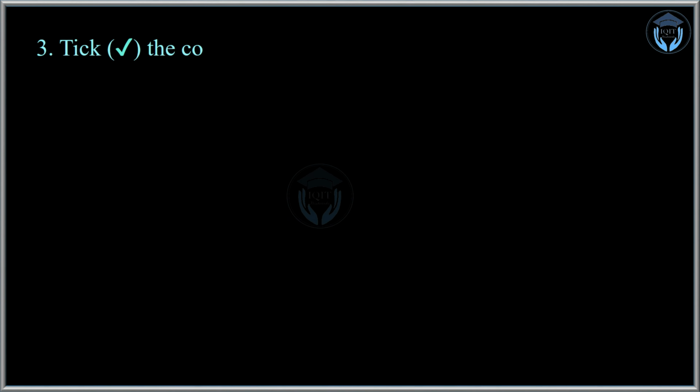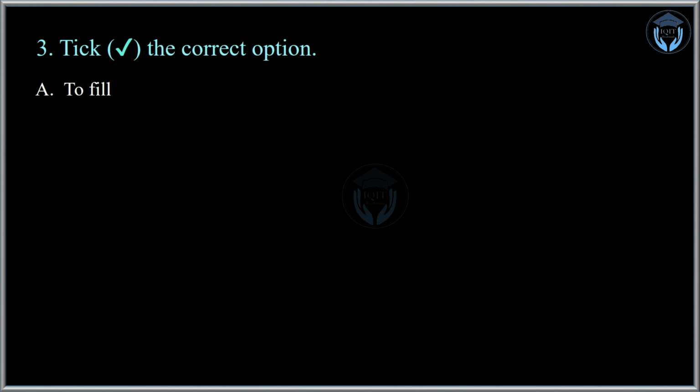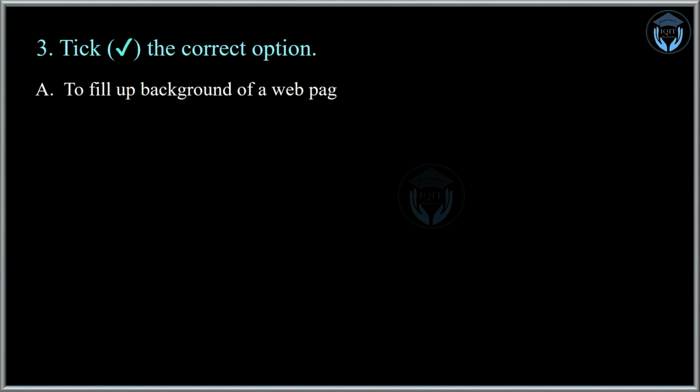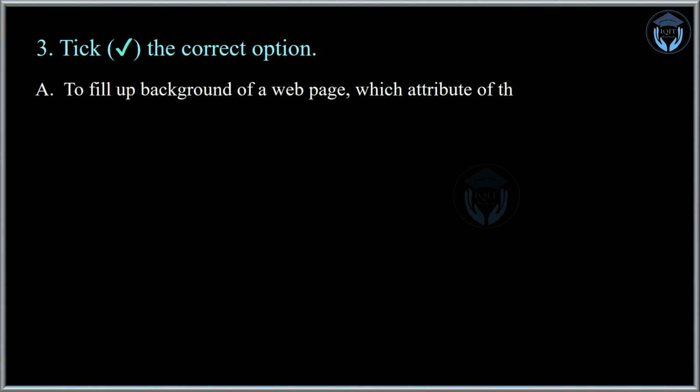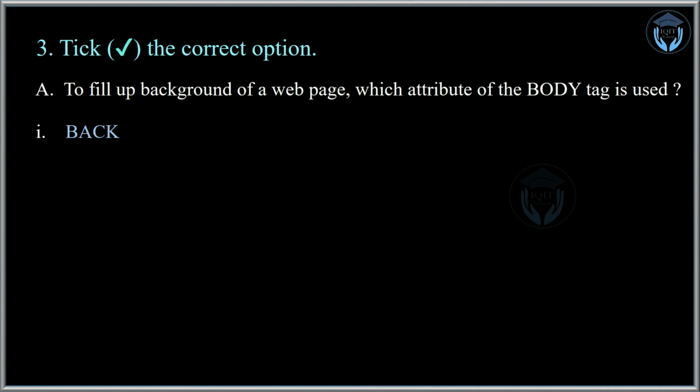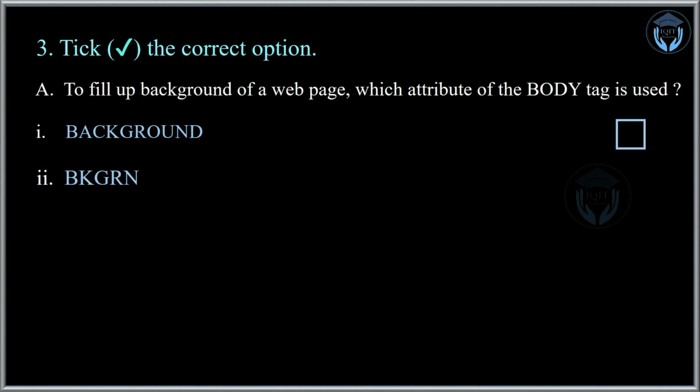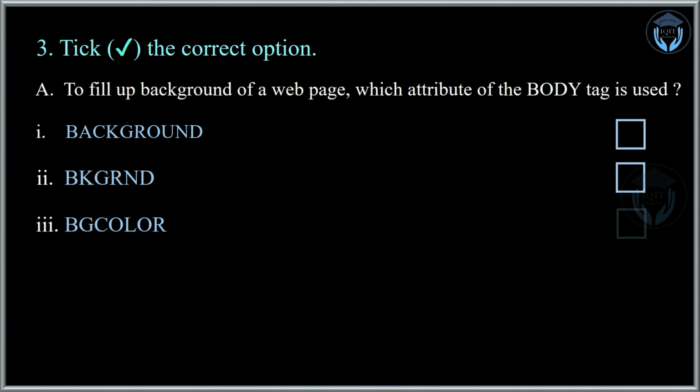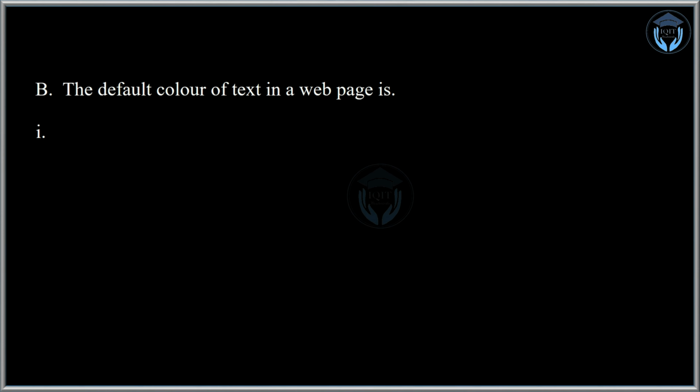3. Tick the correct option. A. To fill up background of a web page, which attribute of the body tag is used? Correct option is BG color. B. The default color of text in a web page is?